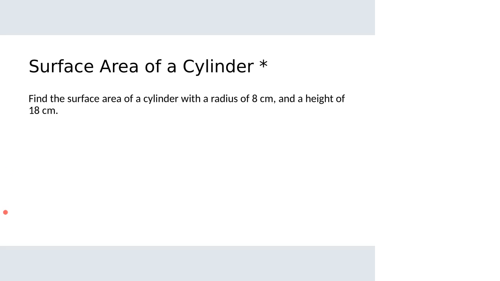Like I said, this is the last new topic in Math 123, the surface area of a cylinder. After this, we'll move on to a review for the final quiz that we'll do today, and then a review for exam 3 that we'll do on Tuesday of next week.